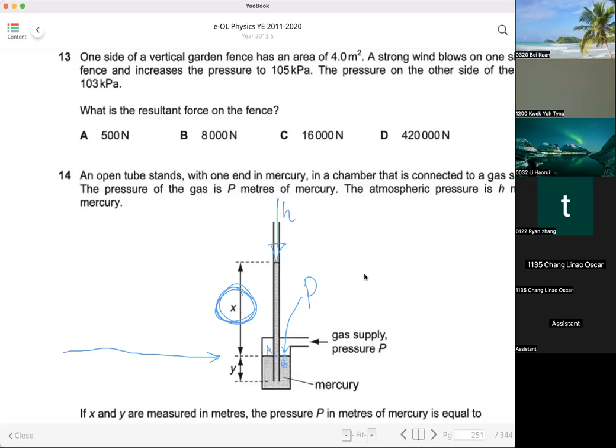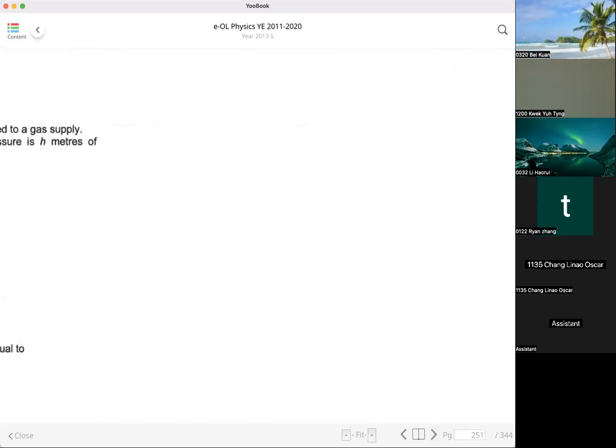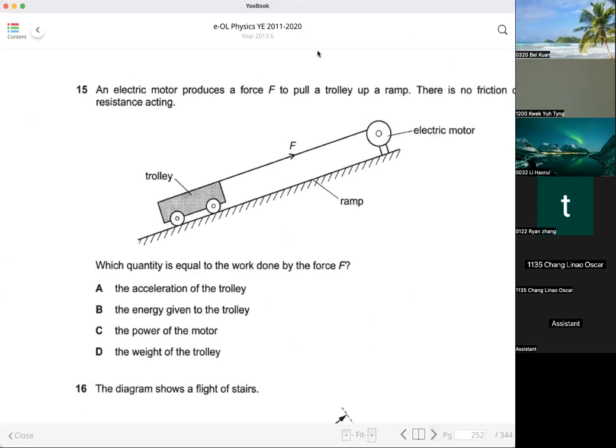Okay, well done, Bei Kwan. Okay, so for this question, the pressure of P is the same as X plus H. So the answer is A. Clear? Okay, next question. Question 15, all of you may begin.